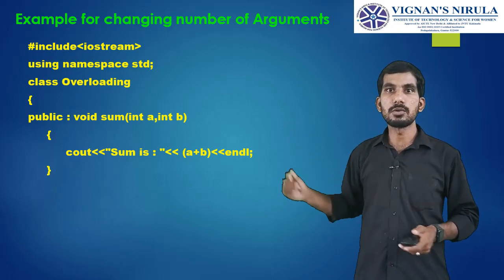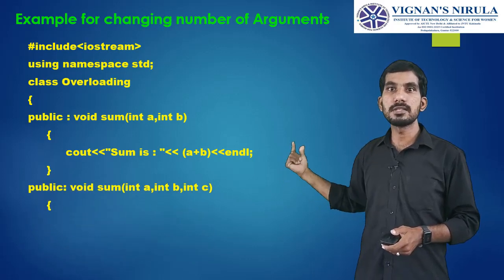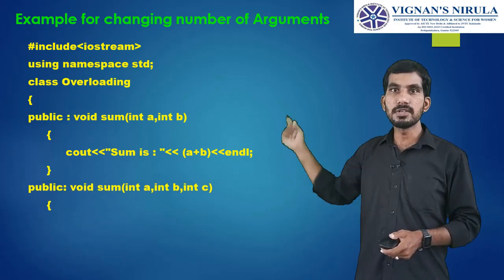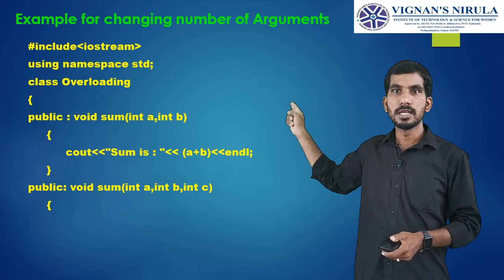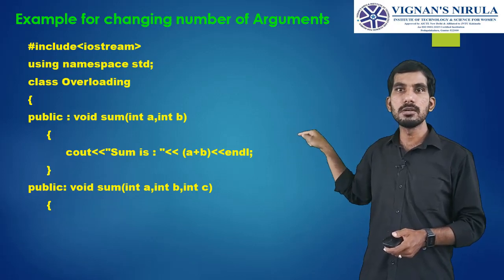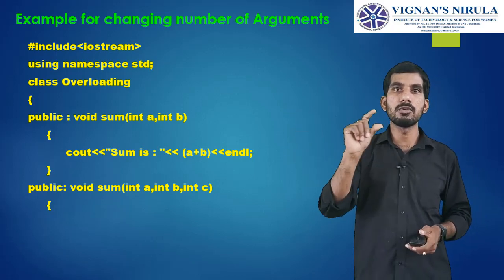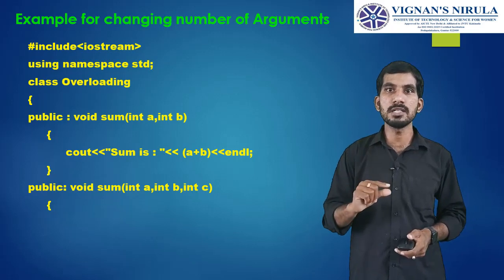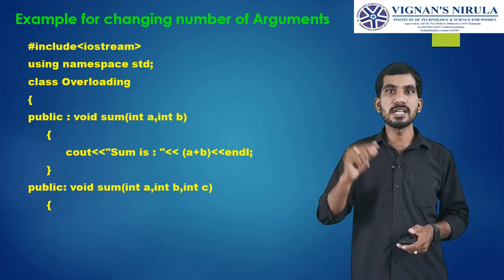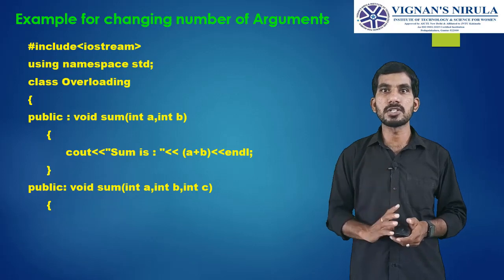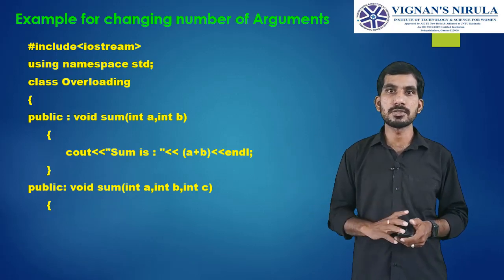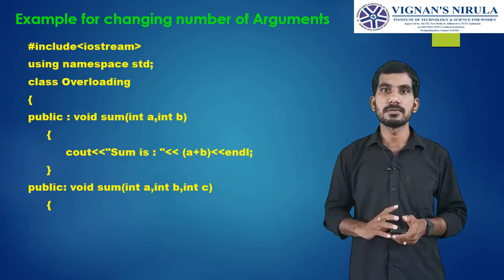Then I want to define one more function with the same name. The previous function name is sum, and the next function name is also sum. Why? Because method overloading or function overloading means a class having the same type of functions with different signatures or different parameters.